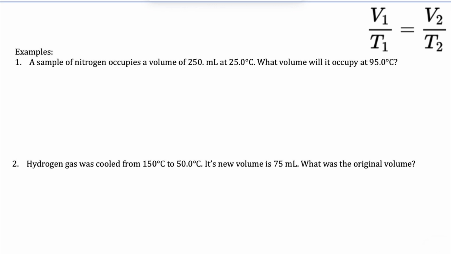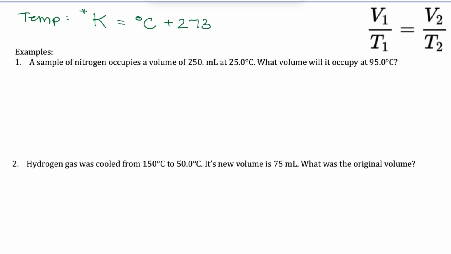A sample of nitrogen occupies a volume of 250 milliliters at 25 degrees Celsius. What volume will it occupy at 95 degrees Celsius? For this, we do need to remember that because we need our temperatures in Kelvin, Kelvin is equal to degrees Celsius plus 273.